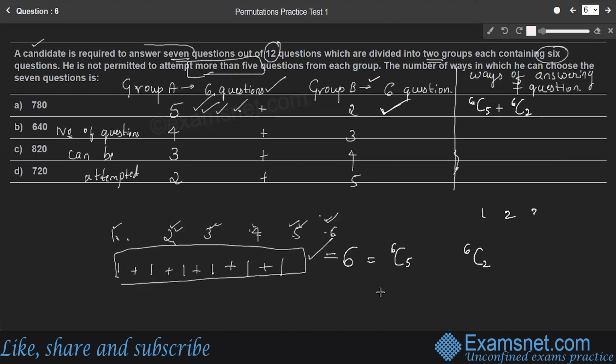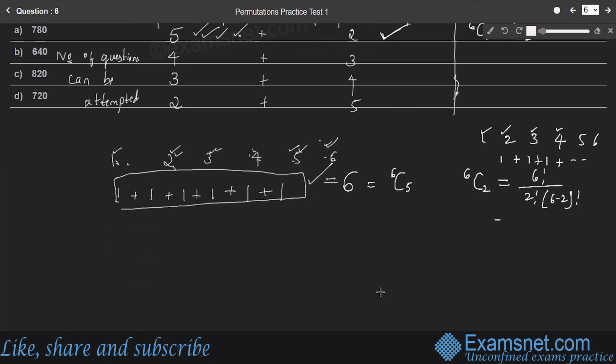1, 2, 3, 4, 5, 6. So he can choose 1 and 2, or he can choose 2 and 3, 3 and 4, 4 and 5, like that. So he can choose in 6C2 ways, which is equal to 6 factorial divided by 2 factorial into 6 minus 2 factorial, which is 6 factorial by 2 factorial into 4 factorial.